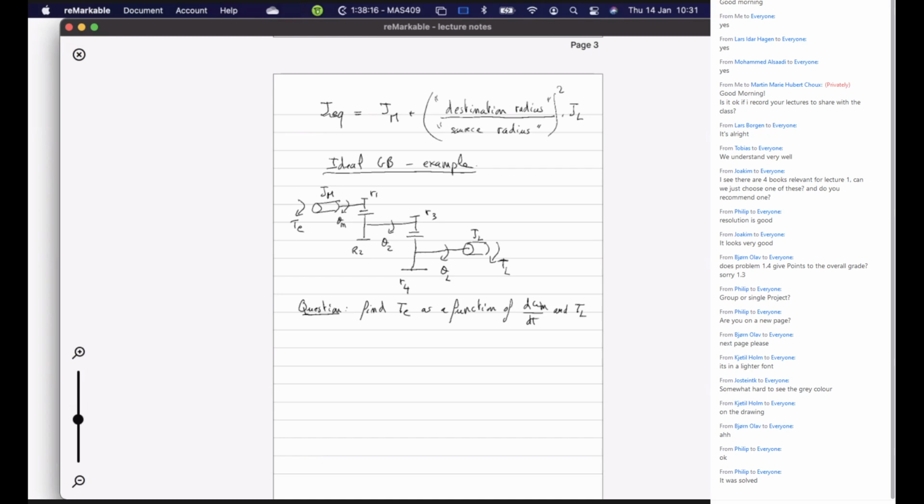Let's see. So we can consider these two stages as one gearbox with gear ratio R1 divided by R2 times R3 divided by R4.